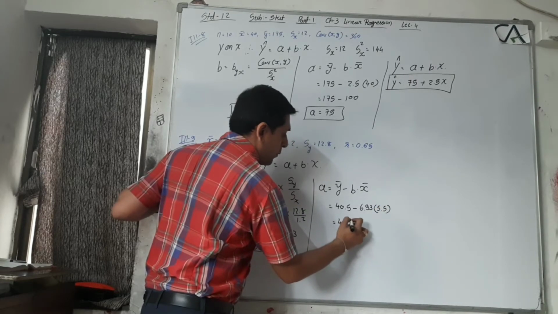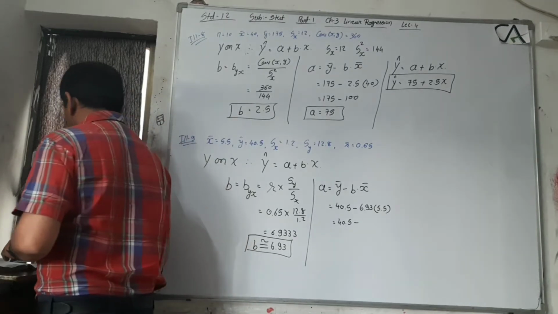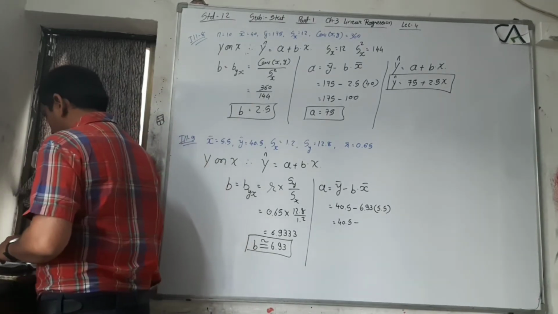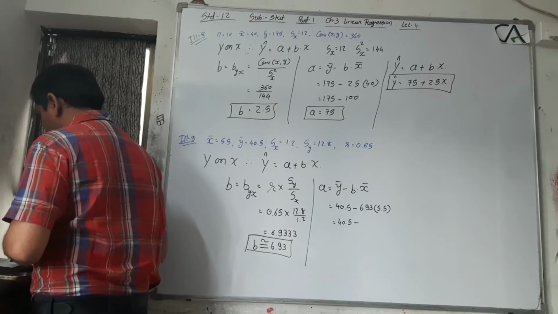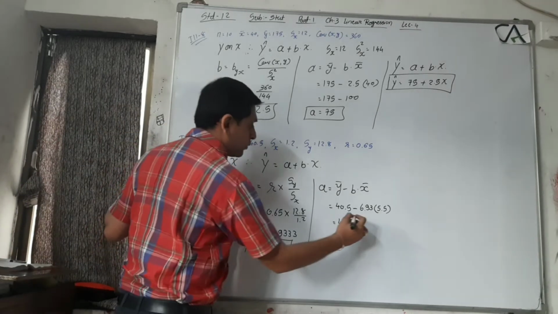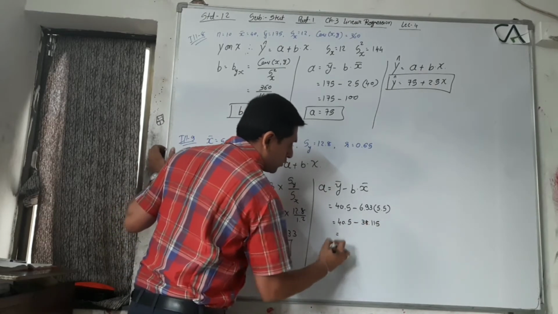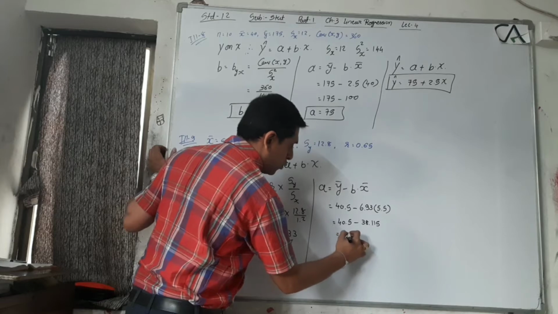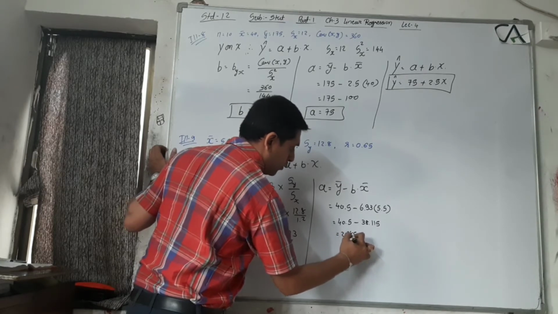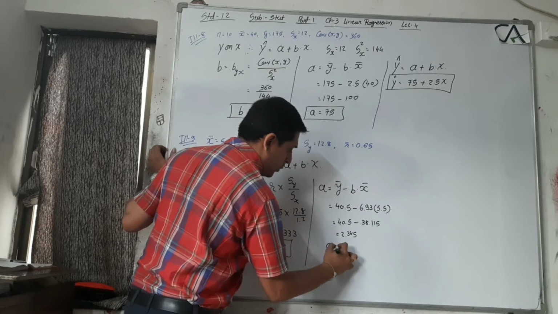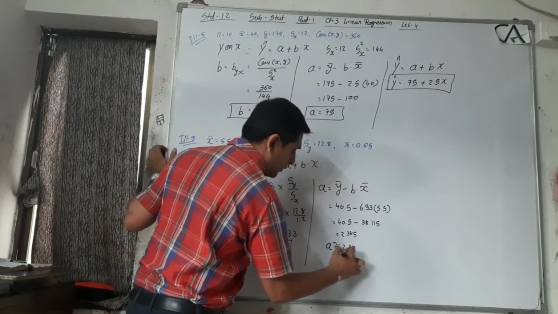So 40.5 minus, what is the multiplication? 6.933 into 5.5, that is 38.115. So your approximate value of A is equal to 2.39.